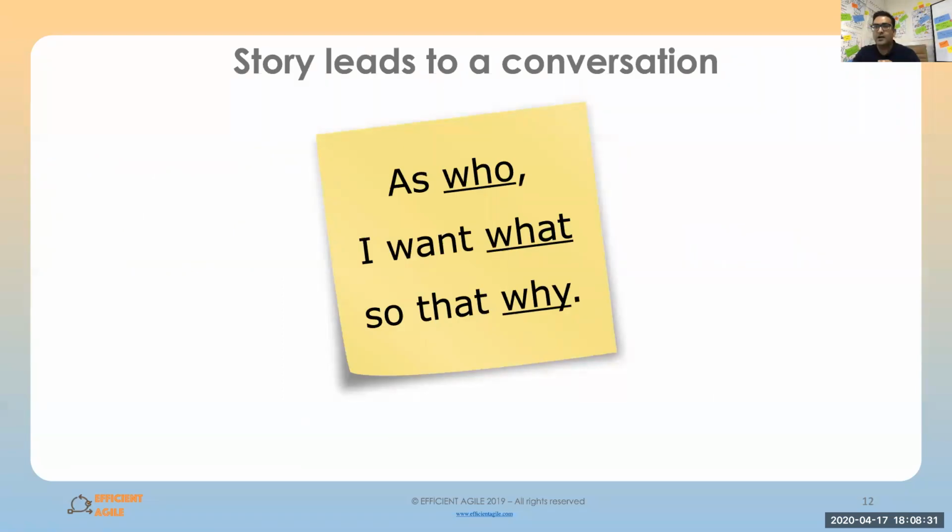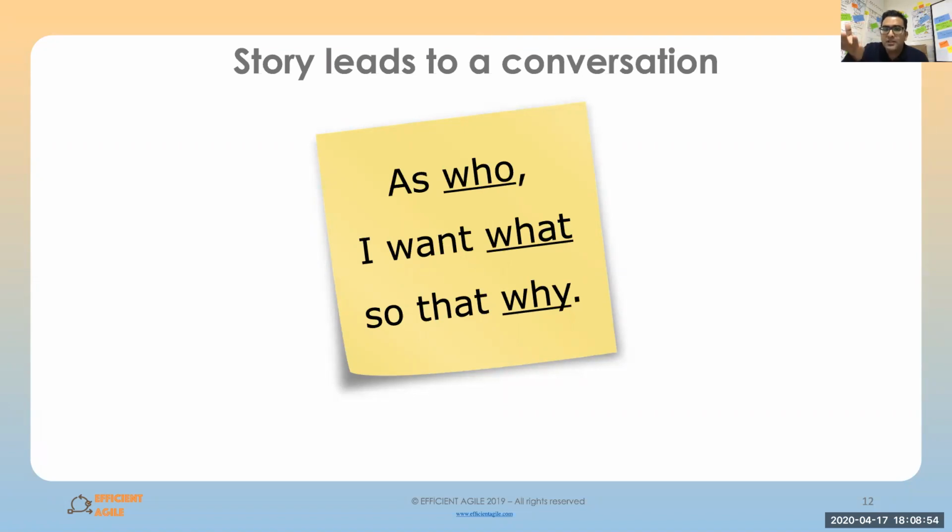This is a reference card. This is the way you write a story. It's a template. All this covers is who, what, and why. What does who, what, and why stand for? Who is the person? The role. And the what is the action.